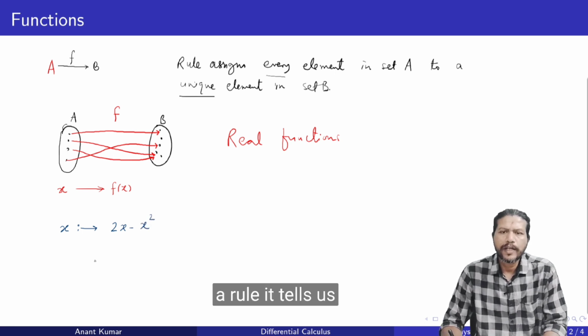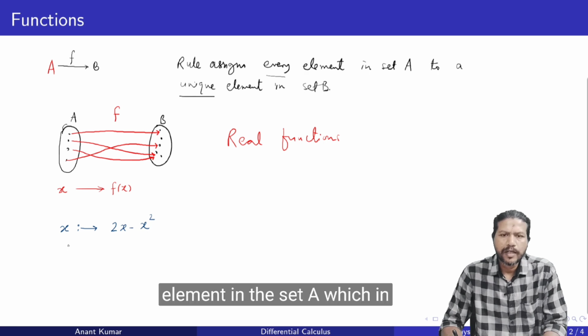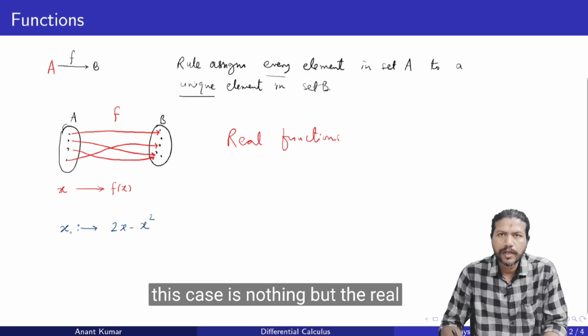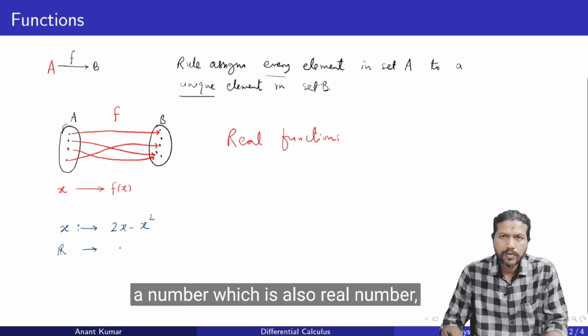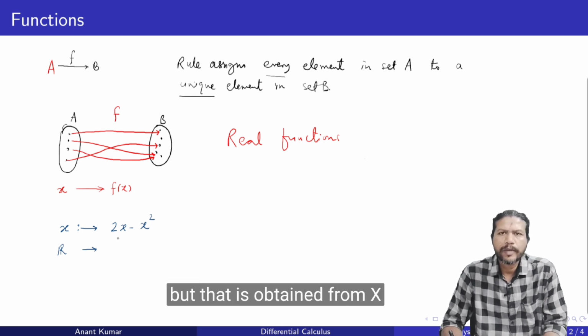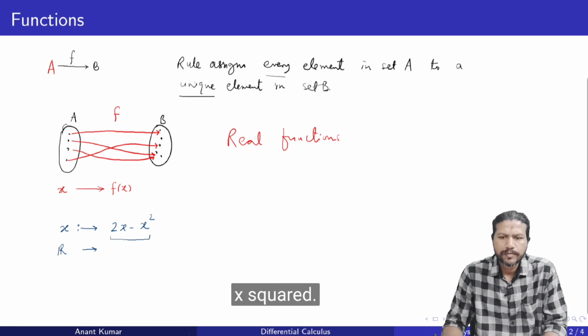So this is a rule. It tells us that every element in the set A, which in this case is nothing but the real numbers, should be associated to a number which is also a real number, but that is obtained from x by operating on x in this fashion, 2x minus x square.